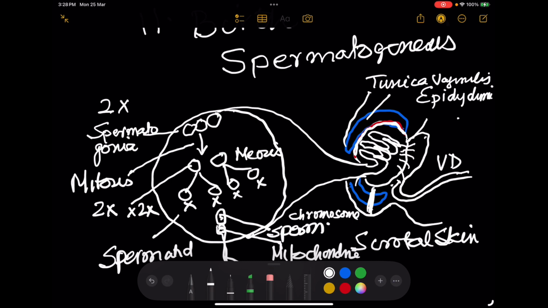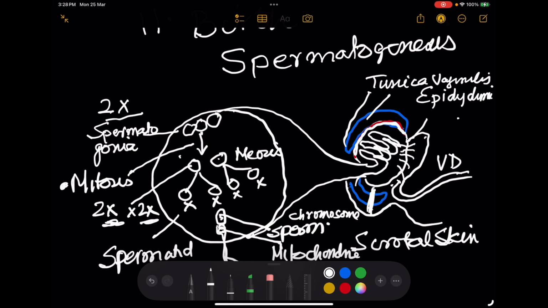Now, if we enlarge this tube, at the periphery of these tubes, you would see spermatogonia, which have 2X chromosomes. Now, first they undergo mitosis. Mitosis means that instead of the one cell, they become two cells, but they still retain the 2X in both the cells.